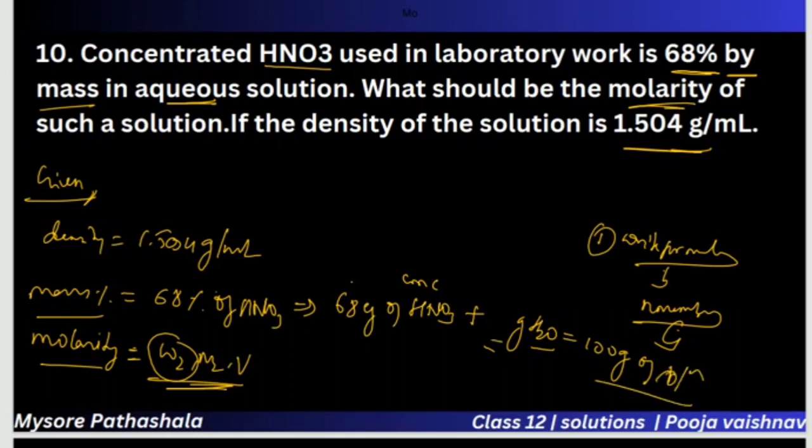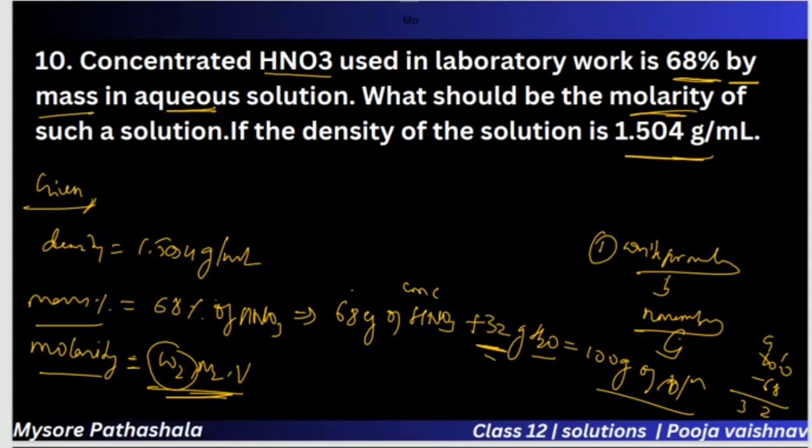So if I want to get the value of this, 100 minus 68, I'll get 32 gram of water. Through this I got the value of W2, the mass of solute. HNO3 is the solute here, right?